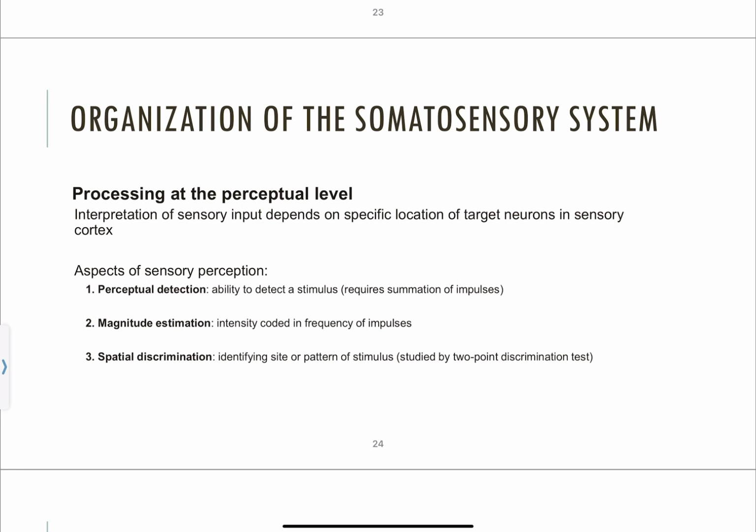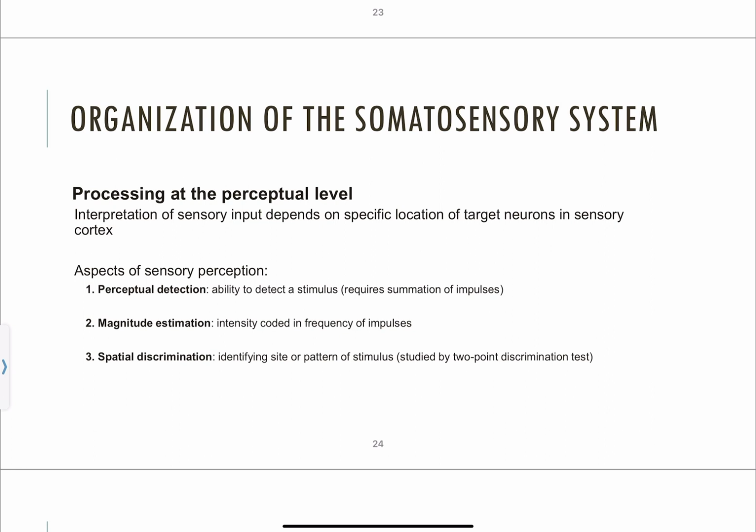I would definitely be aware of these different definitions as far as aspects of sensory perception. For example, perceptual detection is the ability of us to detect a stimulus, and in order for us to detect a stimulus, we're going to summate all of the impulses that originated at the receptor. So this is really just the simplest level of perception.